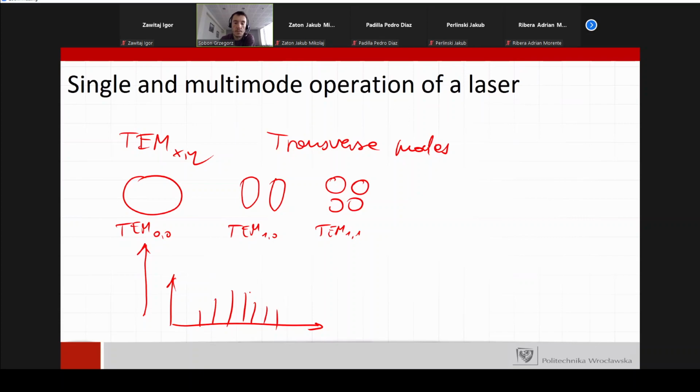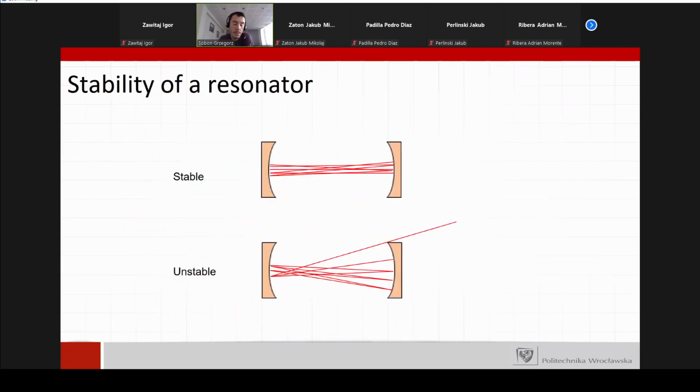So this is completely fine, and this is not a problem. So please be familiar with the definitions of single and multi-mode laser and transverse modes and longitudinal modes.